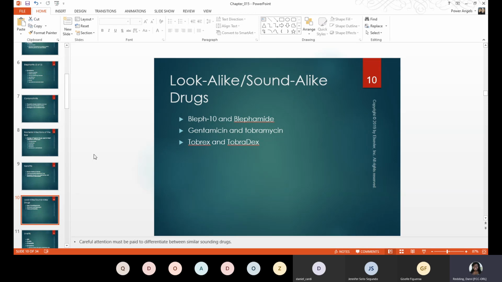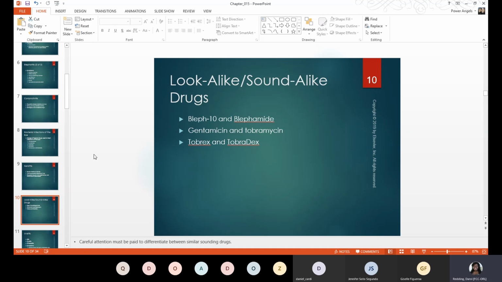They might even have the same length of letters, or they might sound similar, or even in packaging, sometimes medication looks familiar. So it's important to pay very close attention when you are reading a prescription to make sure that you are entering the correct information based on what the prescriber has written. So be aware of the sound-alike, look-alike drugs.